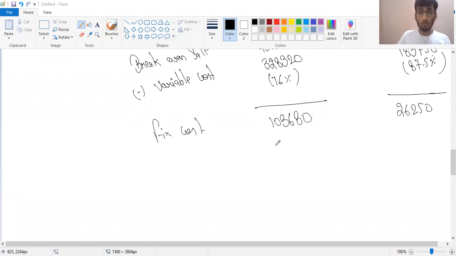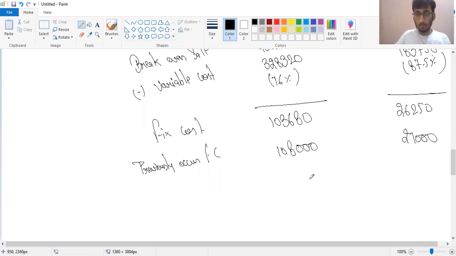So this is the fixed cost. Now, what is the fixed cost given? So you can say previously occurred fixed cost is 1,08,000 and 27,000. Correct.